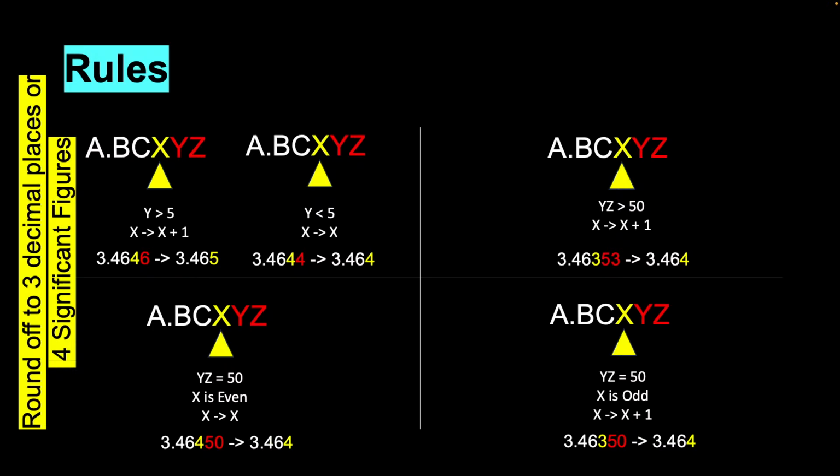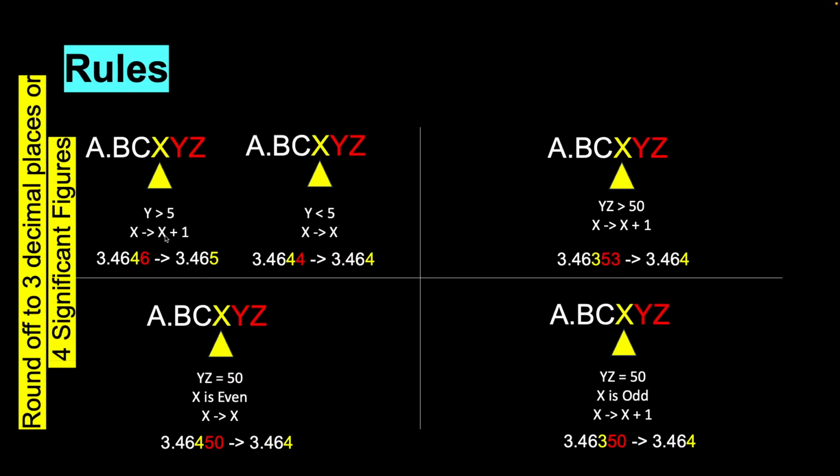The first rule says that if the number on the immediate right of the cutoff digit is greater than 5, then the cutoff digit is increased by 1. If the cutoff digit is x, and on the immediate right is y, and y is greater than 5, then x has to be increased by 1. For example, in 3.4646, the cutoff digit is 4 and the immediate right digit is 6, which is greater than 5.